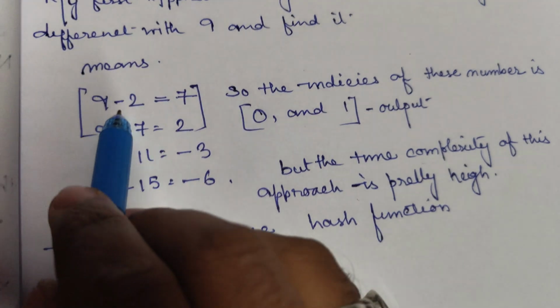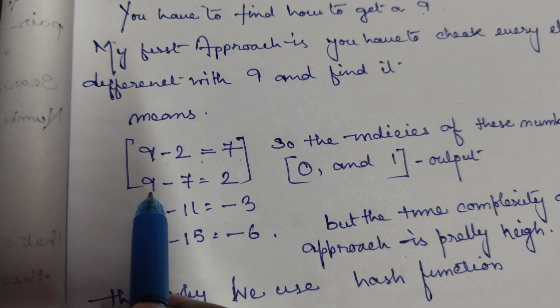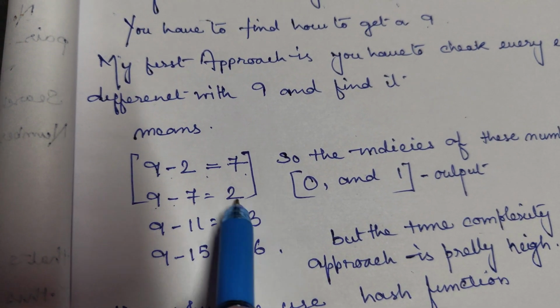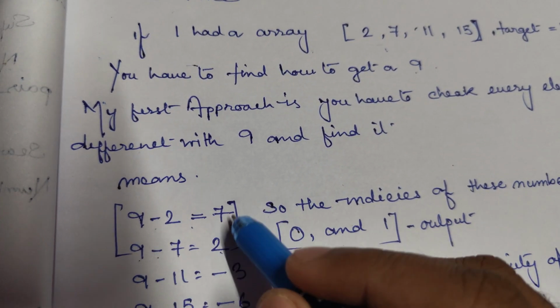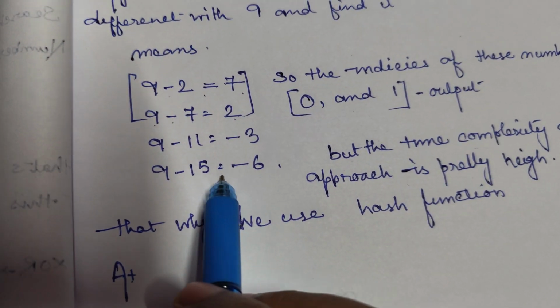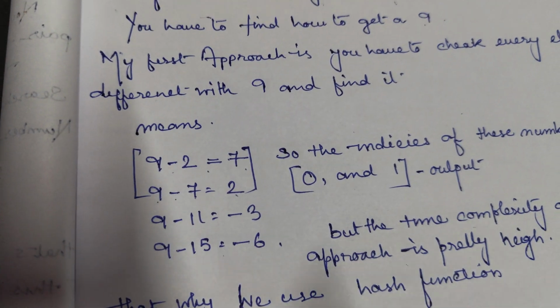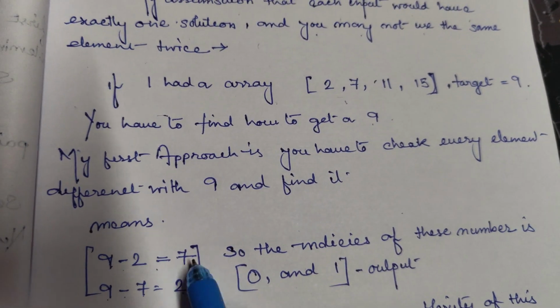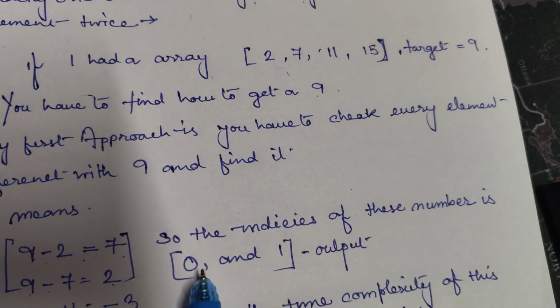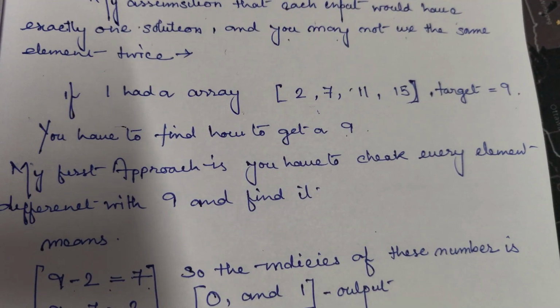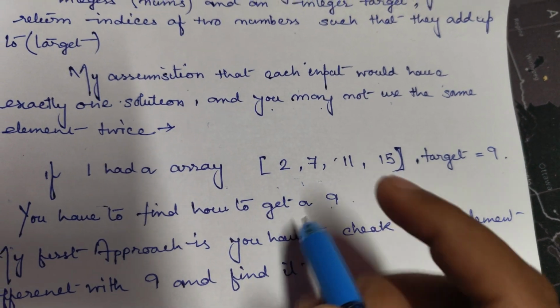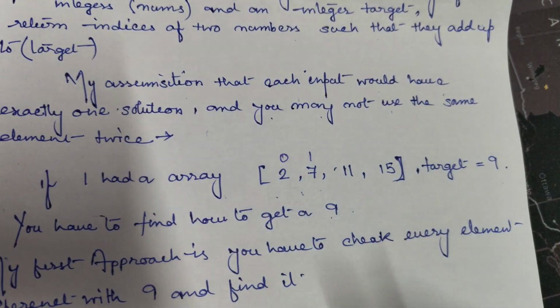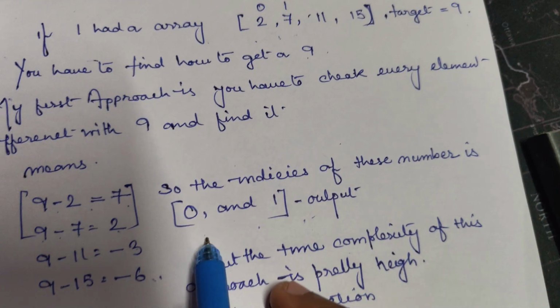So 9 minus 2 is equal to 7, and 9 minus 7 is equal to 2. These are the elements, and the remaining two elements are not in the array. So these are the elements I want, and the indices of these two elements are 0 and 1, so the output is 0 1.